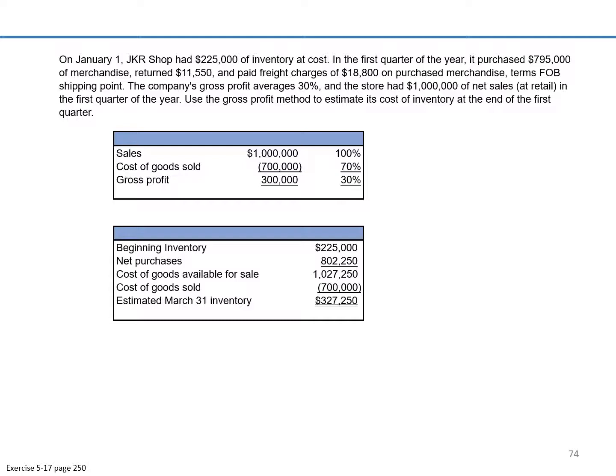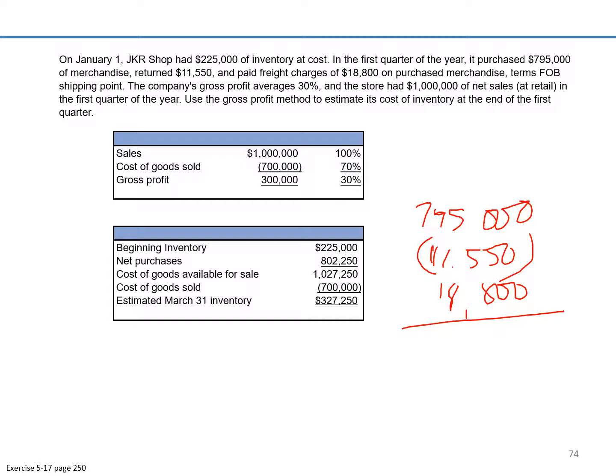So we have $795,000 less $11,550 plus $18,800, should be, let me find my handy dandy calculator. 795 minus 11,550 plus 18,800. Yep, that's the 802,250 here.